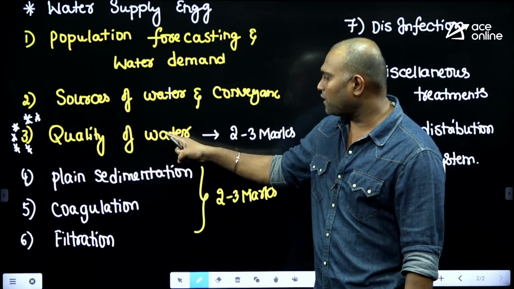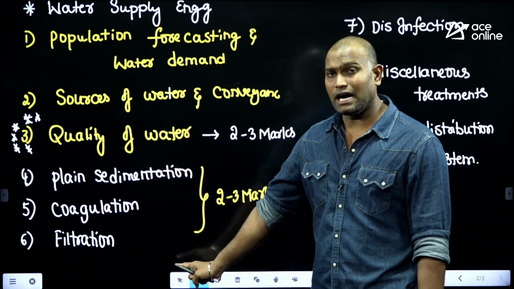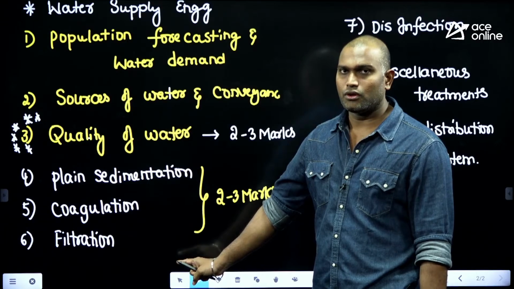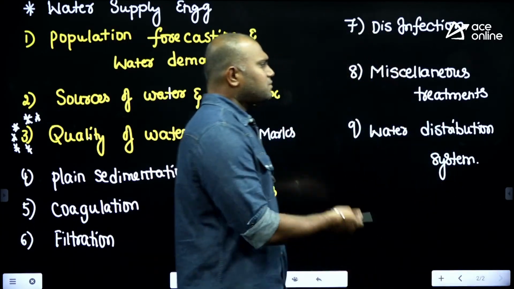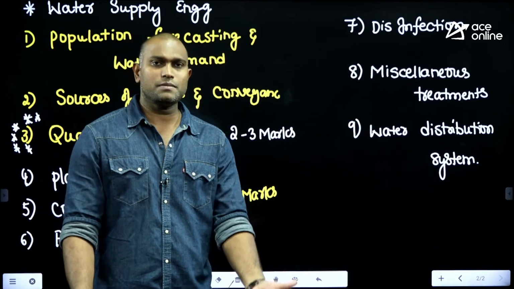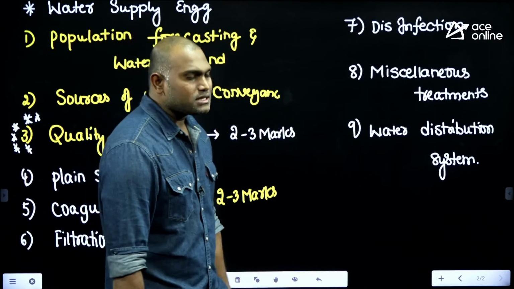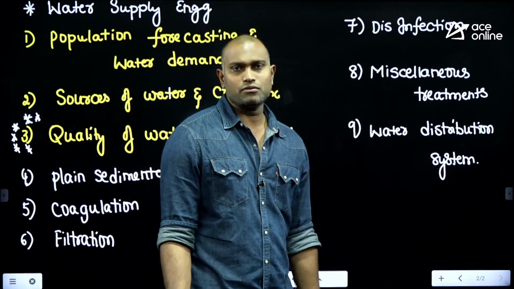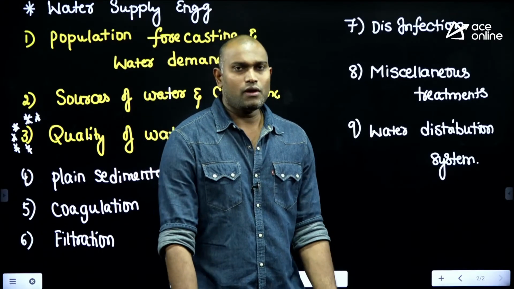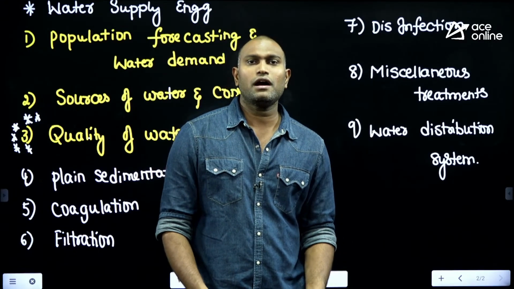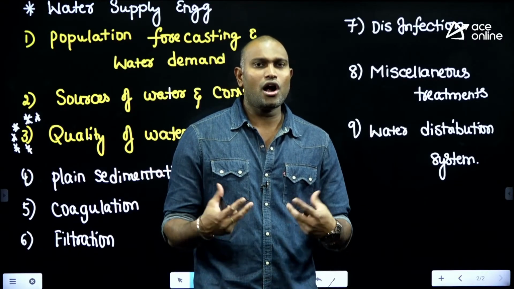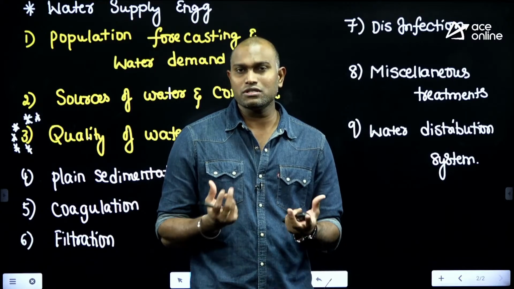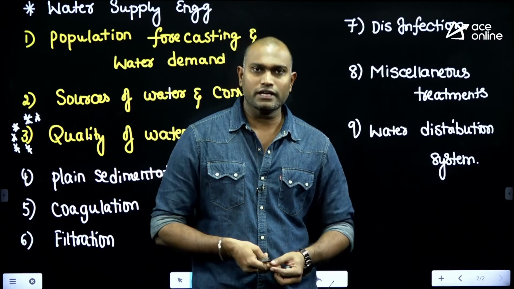So this one chapter is equivalent to the other 3 to 4 chapters. Okay. And then disinfection, that's also included. Whereas miscellaneous treatments: if the water consists of too much hardness, we go for softening technique. If the water consists of too many unwanted dissolved gases, color, odor, foul smell, then you go for aeration techniques.